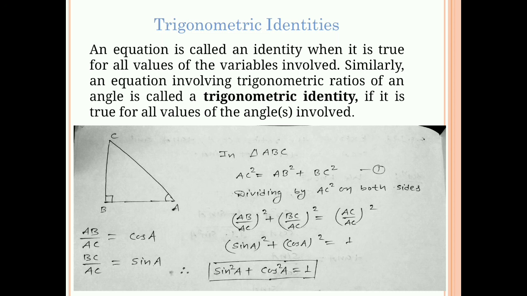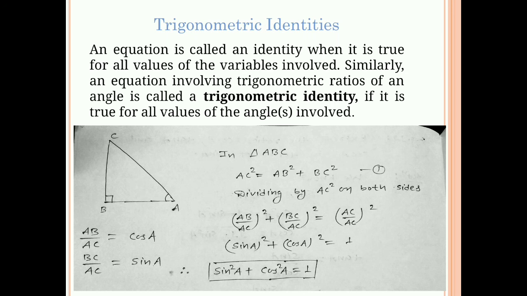Like we discussed, sin square theta plus cos square theta is 1. We have already discussed this. If we put any value of theta, then this equation will be valid for all values of angle theta. So sin square theta plus cos square theta is 1 is called an identity.